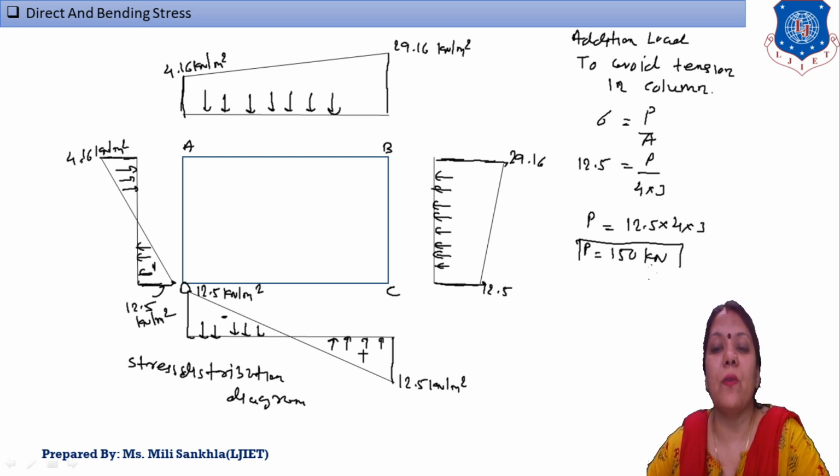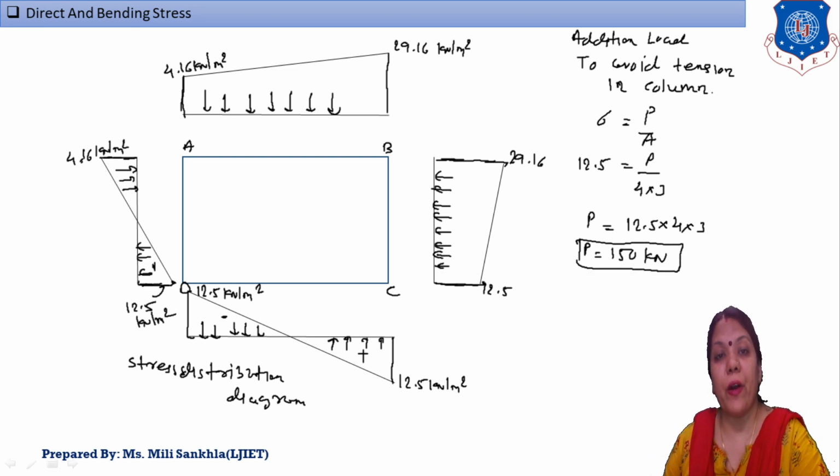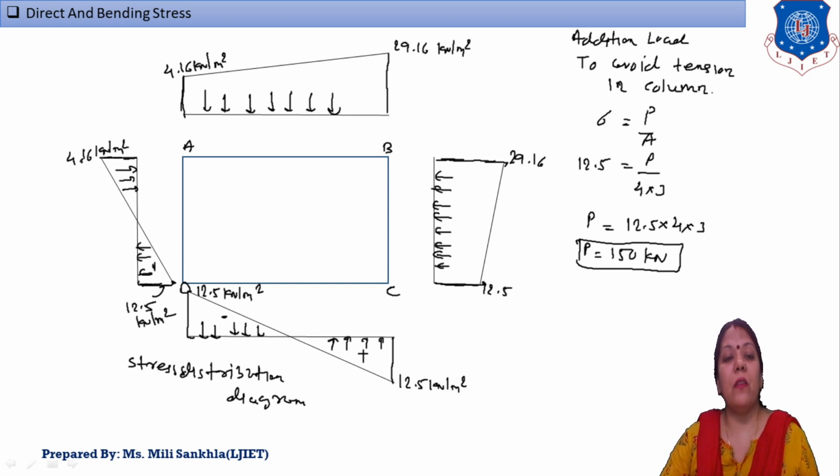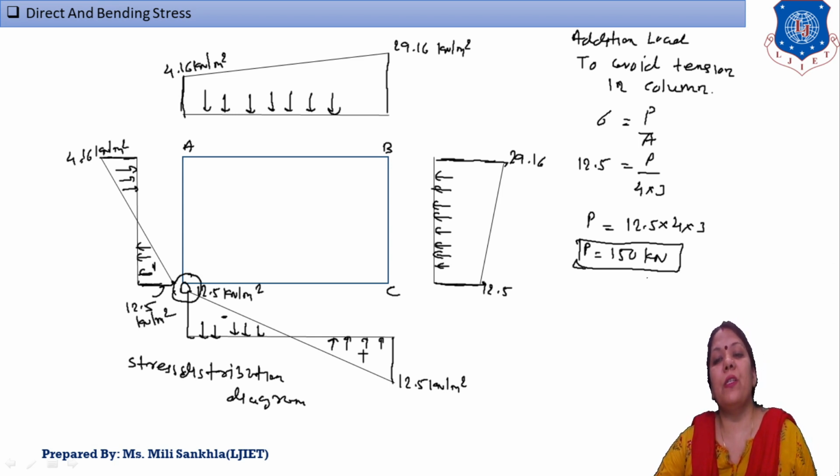This is our new load to avoid tension at this D corner. We add this additional load of 150 kilonewton.